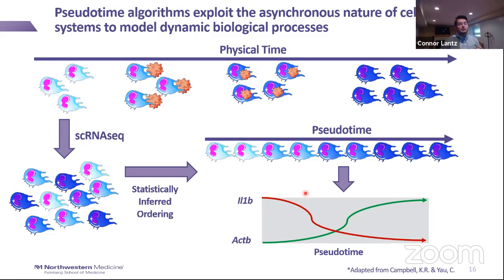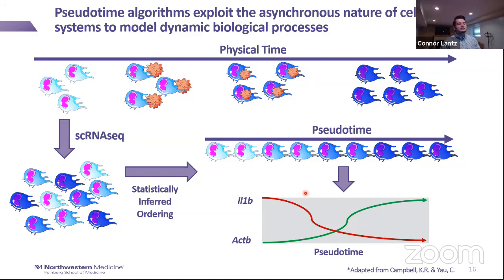And so I performed a pseudotime trajectory analysis. I think this is one of the coolest and most powerful things that single cell sequencing data is able to give us. What this analysis exploits is that biological processes such as efferocytosis occur in an asynchronous nature.